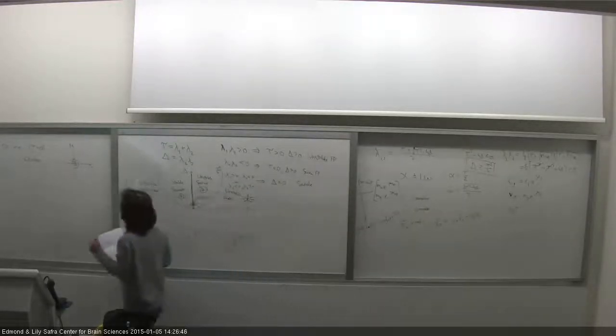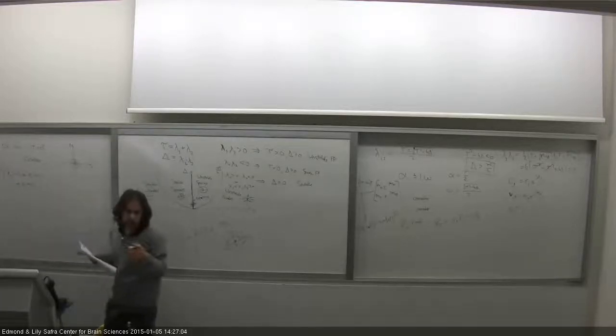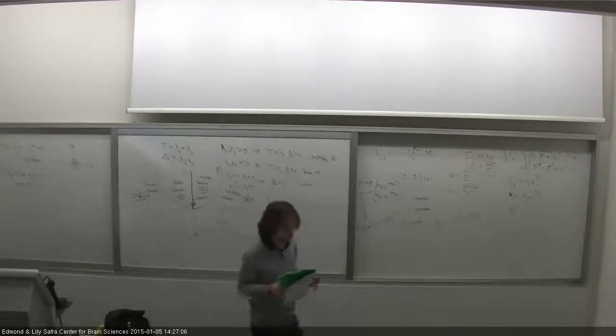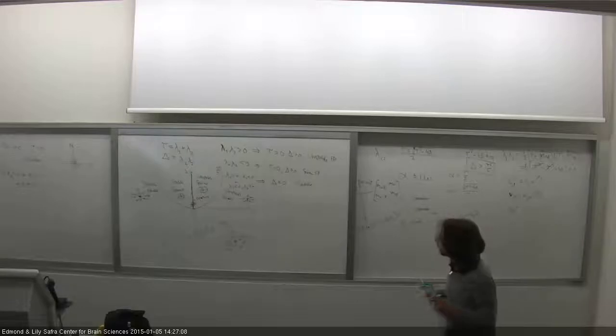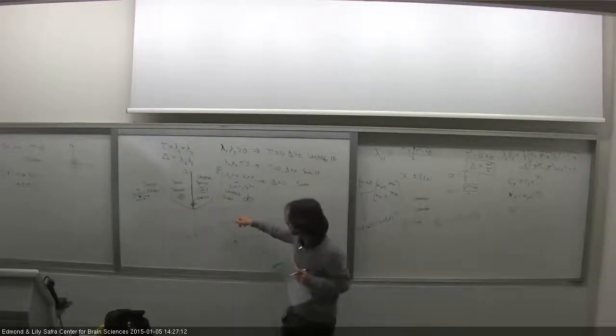Now, second special case, one of the lambda values is equal to 0, or lambda 2 equals 0. So this means delta equals 0. The trace can be positive or negative. So now we are on this axis here, the tau axis.